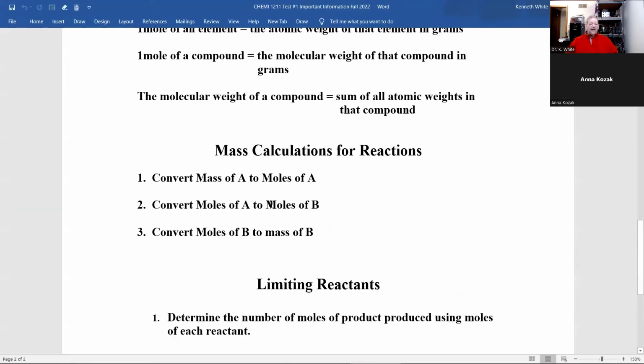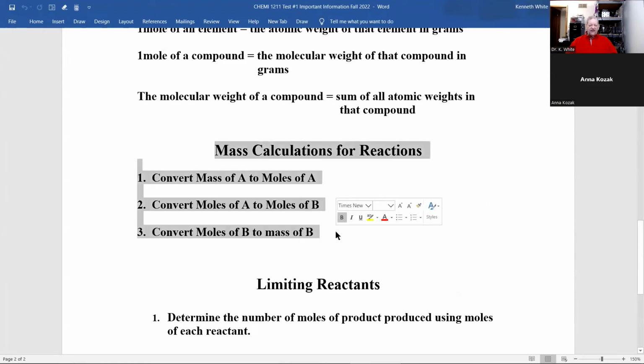And if you look at important information, test number 1, this is in the lecture section of Blackboard, you'll see right here, mass, which is gram, calculation for reactions. Step 1, whatever you're given the mass of, we'll call it A for now, you convert that to moles of A, which we practiced yesterday.